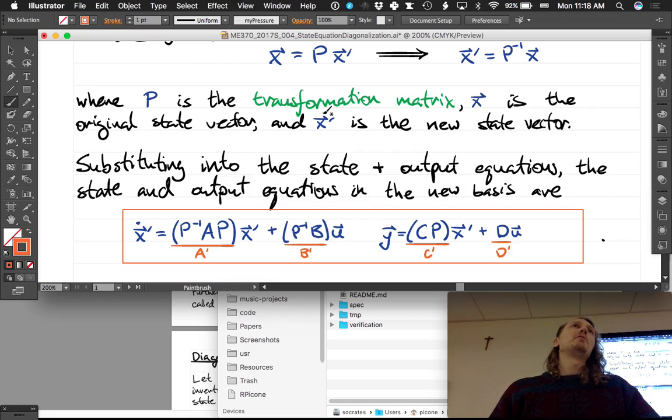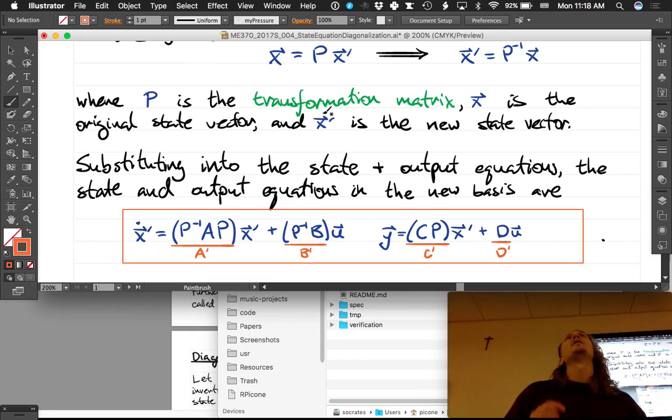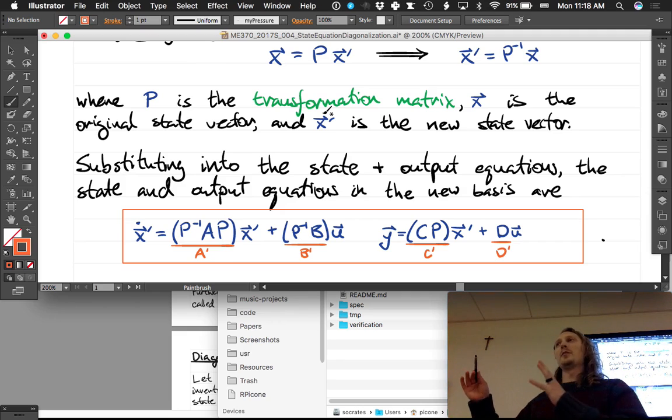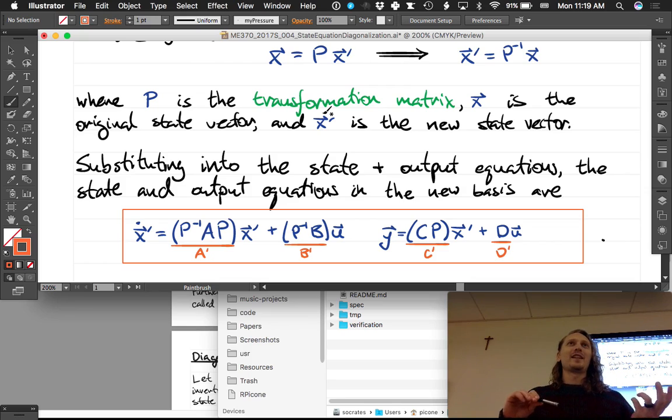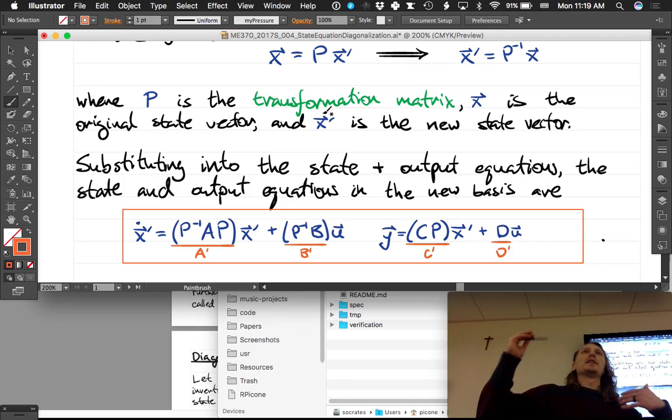So it's like shifting over. Do you guys remember in differential equations when you learned Laplace transforms? You were like, okay, I'm going to switch over to the Laplace domain and solve it algebraically, and then I'm going to inverse transform into the time domain for the solution. That's analogous to what we're doing here.